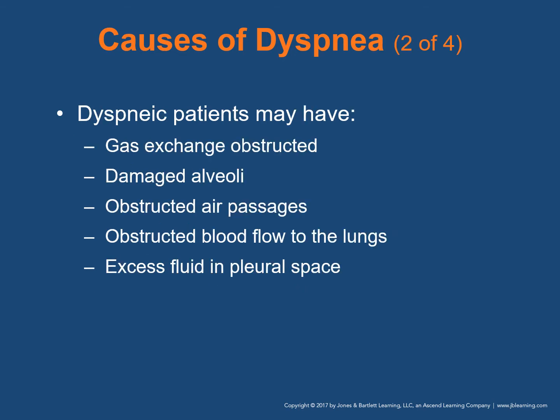Okay, some causes of dyspnea, and understand that a patient can have chronic issues and then acute issues on top of the chronic issues, or they can have more than one thing going on. So dyspneic patients can have gas exchange obstructions. This is when the gas exchange between the alveoli and the pulmonary circulation is obstructed.